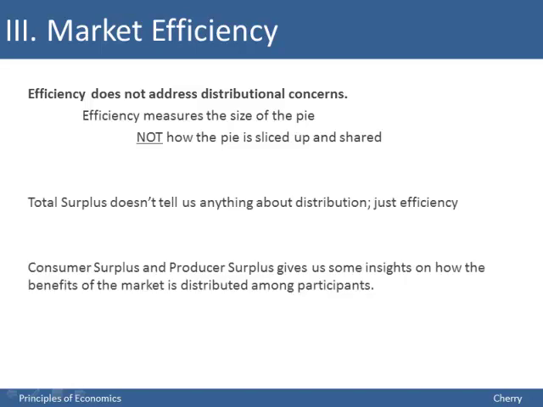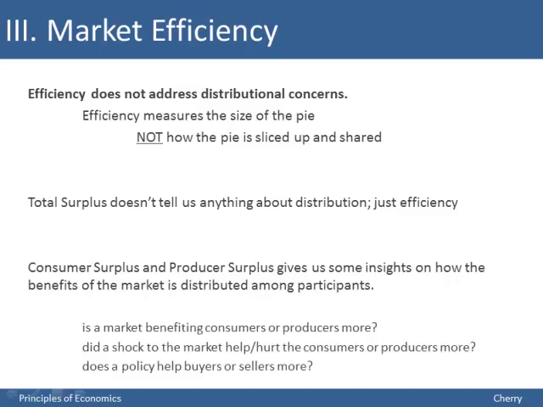Welfare economics gives us some idea about the distribution of welfare. Consumer surplus and producer surplus tells us about the benefits that go to buyers and sellers. In particular, does the market benefit the consumers or the producers more in a market?